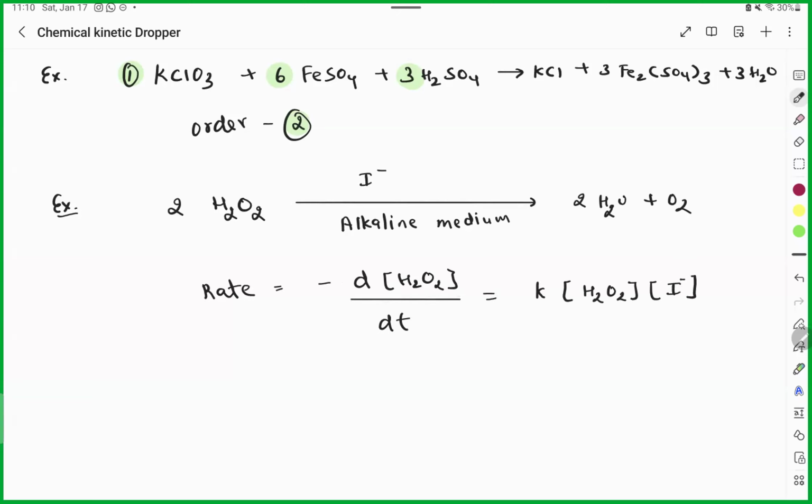Imagine, in this case, if you see the order of the reaction, it will be two: one H2O2 molecule and one iodine molecule.